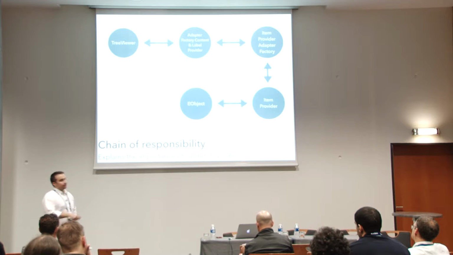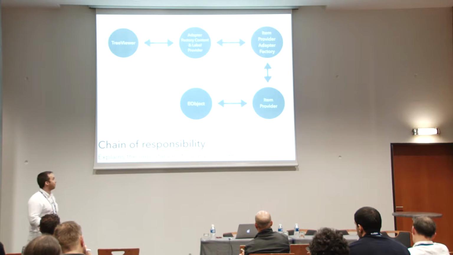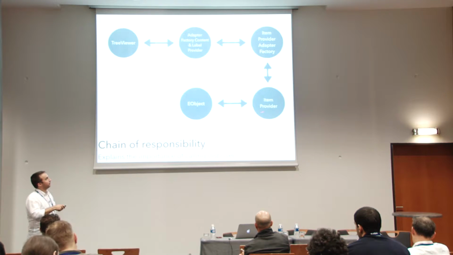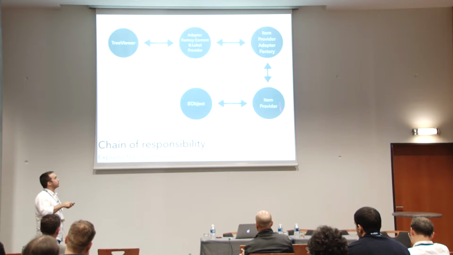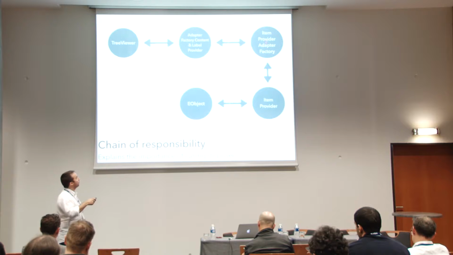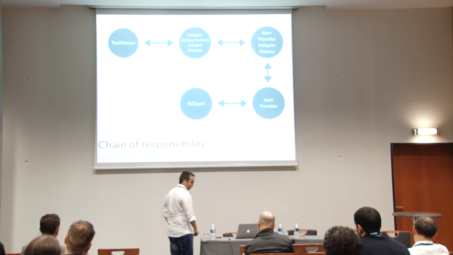And this is why the dispose method is very important on the item provider, because if you don't dispose properly all this graph of objects, you will have some memory leaks, because your object knows all of its listeners, which know all of their adapter factories, which know about the label provider, and then know the tree viewer.